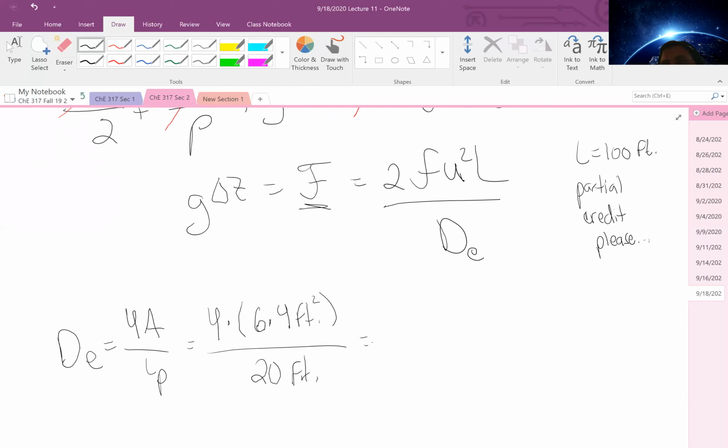So for this system, I've got 24 times 4 divided by 20. So we got an effective diameter of 4.8 feet.